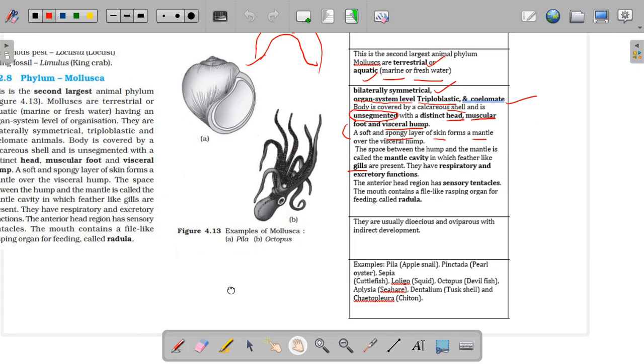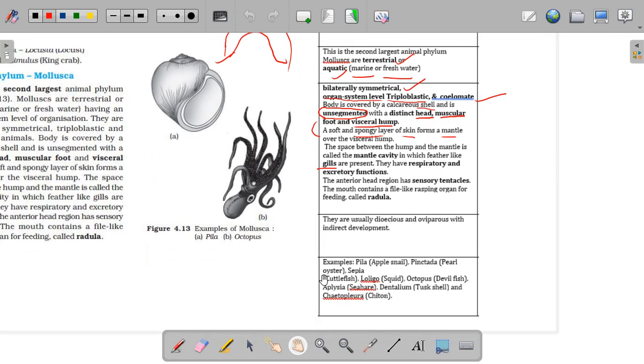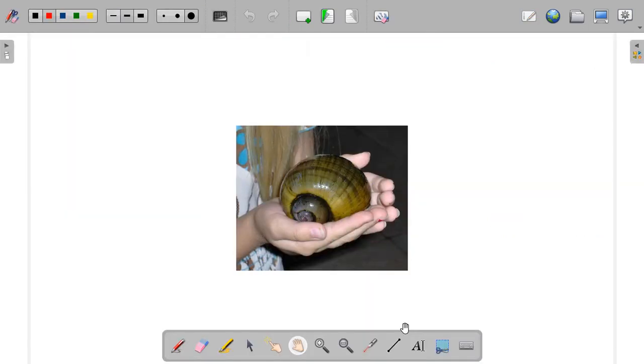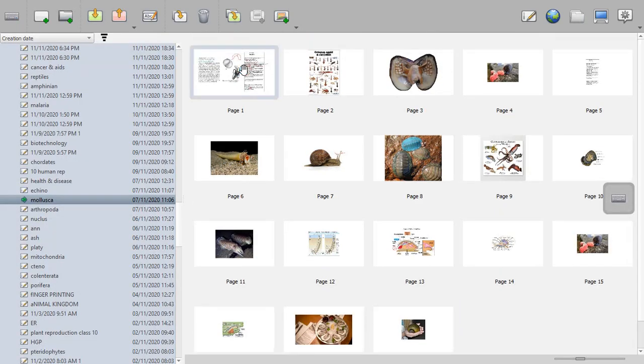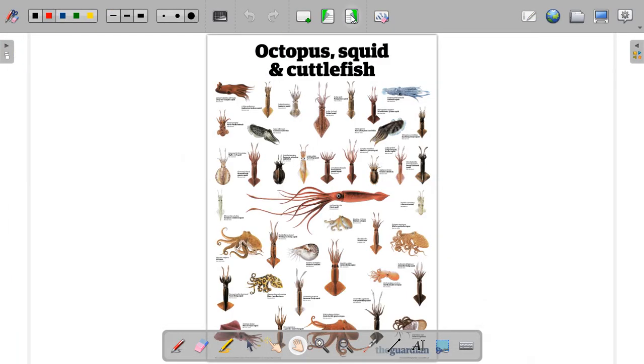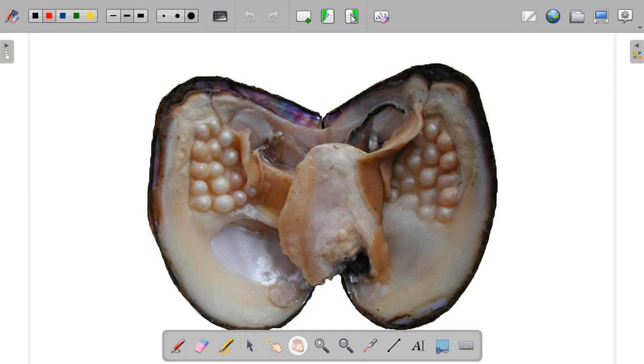And here are some examples, like Pila, the apple snail. Let me show you the apple snail here. See the apple snail. It looks almost like the shape of an apple. And they have pearl oysters. You can see the pearl, when you cut open the oyster, you can see the pearls being formed.